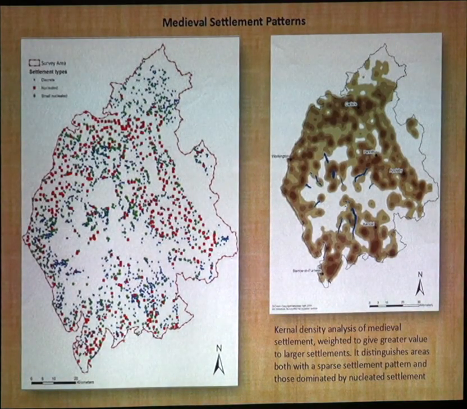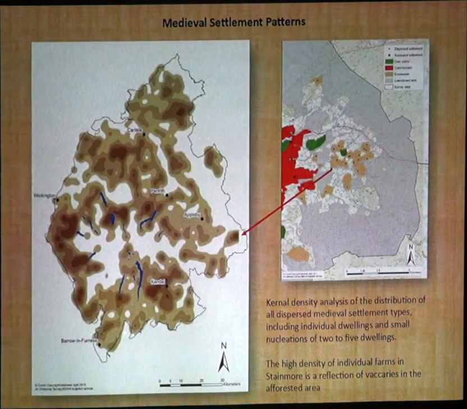Next, please. Out of that I did a subset looking at just what I call dispersed settlements, so individual farms and hamlets. And it does give a different pattern.